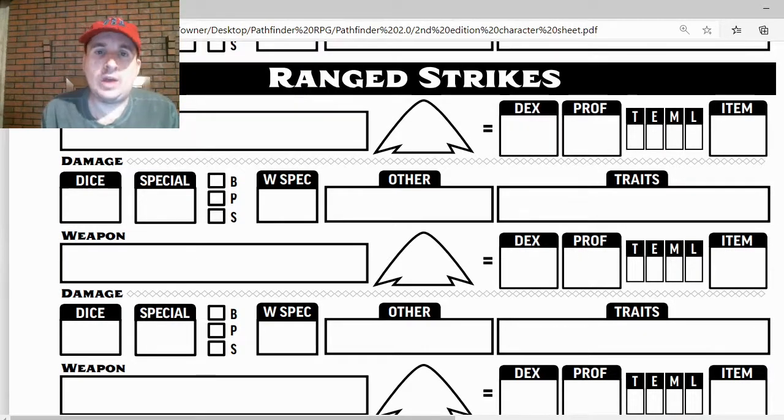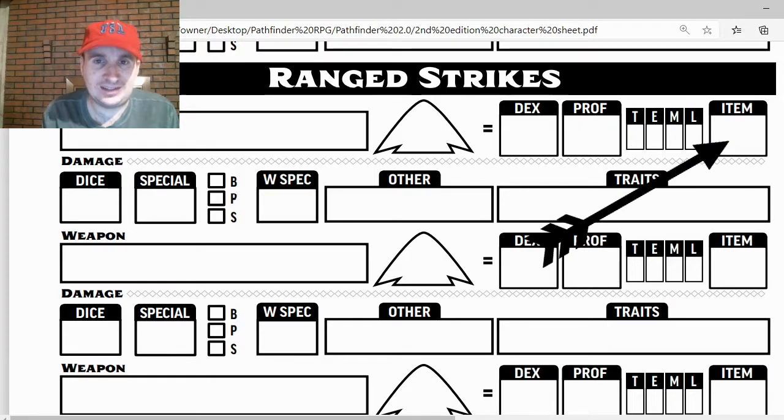Next we have ranged strikes. These are very similar to melee strikes, except that you are using a ranged weapon, such as a bow or sling. For accuracy with ranged strikes, it's your dexterity modifier plus your proficiency bonus, plus any magical enhancements that the weapon has.